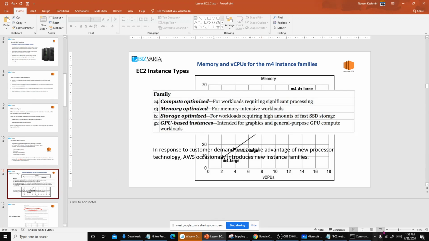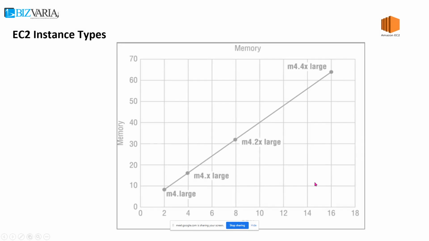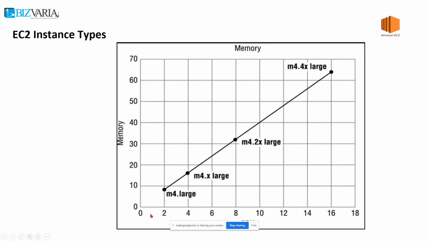For example, if you have an instance which has 2 CPUs, belongs to the M4 family, and has less than 10 gigabytes of RAM, we will call this instance large. If it has 4 CPUs and a memory of more than 10 gigabytes, it's going to be extra large. Just like when you go and buy clothes, you have extra large and medium.